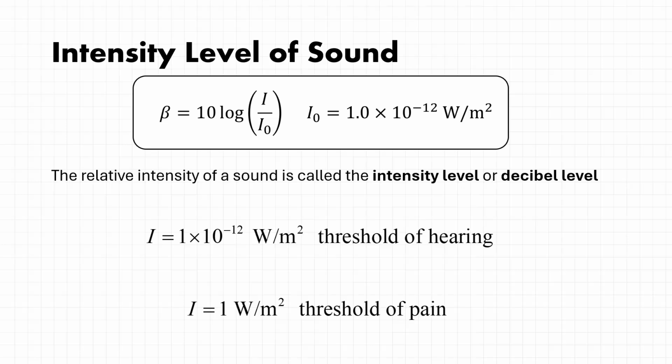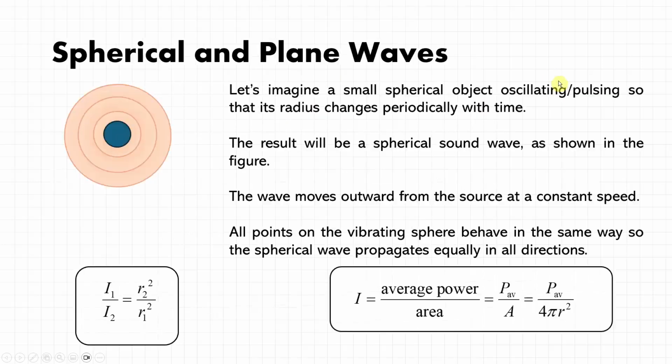So you can produce sound that produces physical pain, and that is 1 watt per meter squared. Google it. So we can calculate the decibel level as 10 times the log of the intensity of the sound divided by the threshold of hearing.